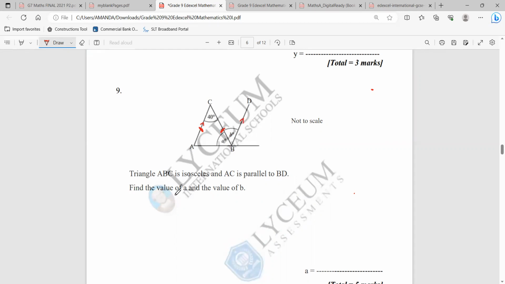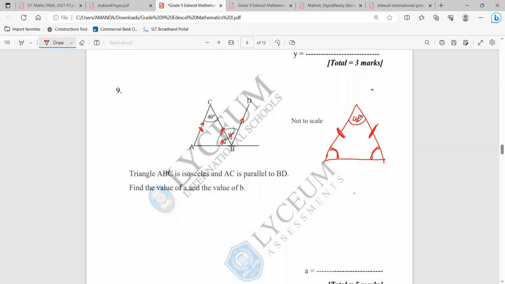Find the value of A and the value of B. Where is A? Okay, this one is A and this one is B. These two we need to find. Now, since we have an isosceles triangle, with these two sides equal, this angle is 40. The fact in an isosceles triangle is that these two base angles are equal.